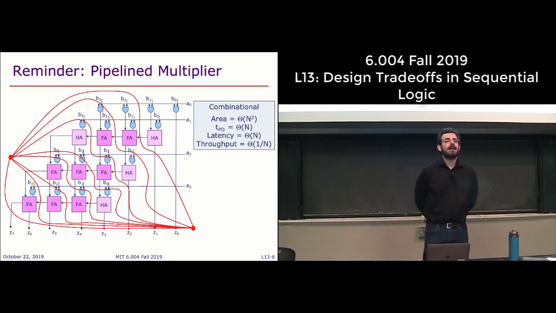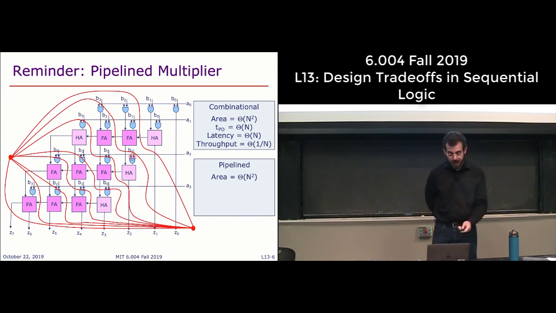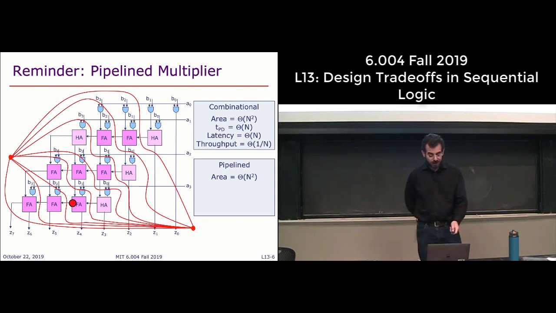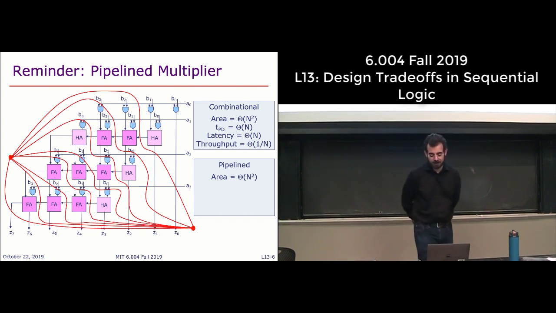So, if you pipeline this way, let's now look at the design trade-offs here. Now our area is still order n squared, because we have also order n squared 1-bit registers here, but we have order n squared combinational logic, so no change in the asymptotics there. How about the propagation delay? Put differently, how fast can I clock this circuit?